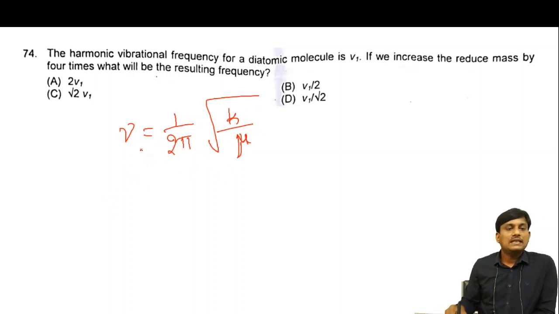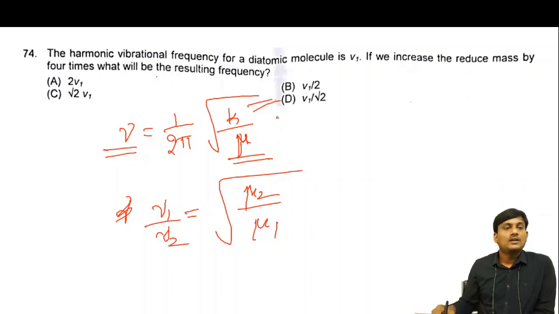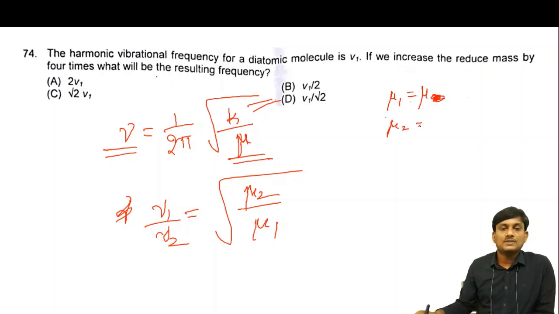If you relate frequency and reduced mass, with the force constant constant, ν1 by ν2 is equal to root μ2 by μ1. Let us take μ1 as μ, and μ2 will be 4 times, since we increase the reduced mass by 4 times. So μ2 is 4μ.